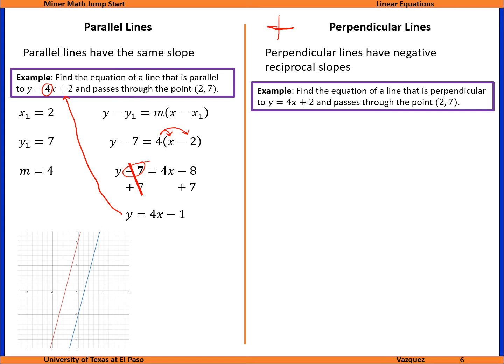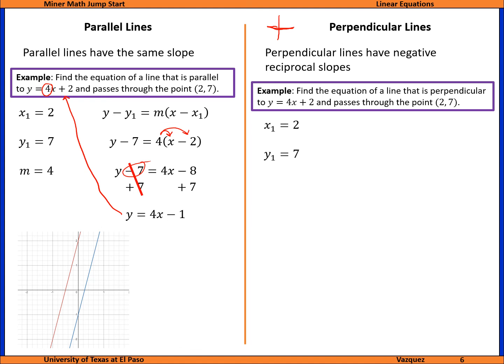Now this problem is telling us: find the equation of a line that is perpendicular to the line y equals 4x plus 2 and that passes through the point (2, 7). Again, if you just read this problem or the question, we're deer in headlights, right? But again, if we take it step by step, just as we did last one, we might get somewhere.